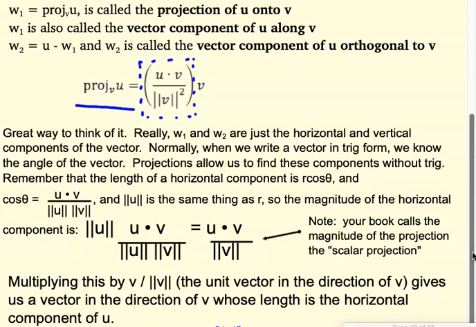Normally when we write a vector in trig form, we know that angle. So if you have some vector and you need to write it in component form, and you know the length and you know the angle, then you have r cosine theta, r sine theta, and you have your vector in component form. Here, we don't need to know the angle. We have a way to break a vector down into components without knowing the angle. So all you need is your vector and then any vector that's in the direction of the component that you want.